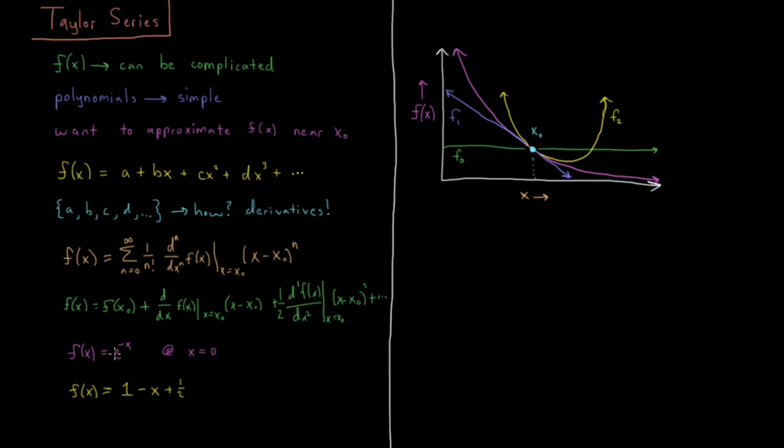The second derivative is e to the minus x, so the second derivative evaluated at 0 is going to be 1. And then x minus 0 squared is x squared. So plus 1/2 x squared. And from there it continues on, minus 1/6 x cubed plus and so on. All right, so that's e to the minus x.